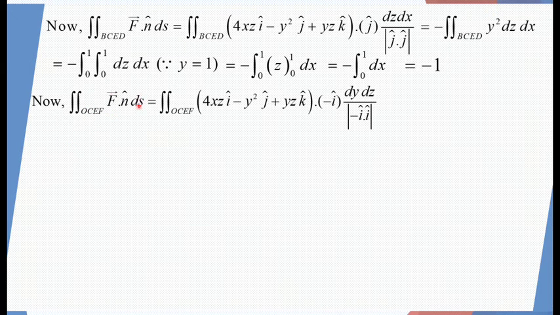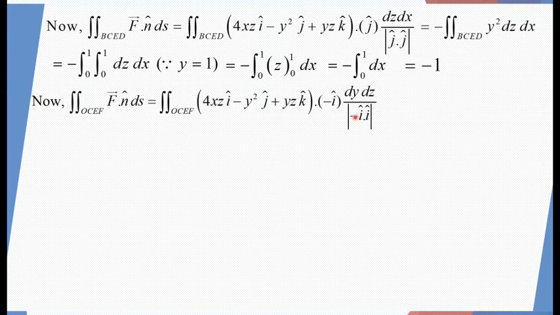OCEF, the double integral of vector F dot n cap dS, where vector F is 4xz i cap minus y square j cap plus yz k cap, and it is in the yz plane and in the backward direction because it is from the origin. So in this particular case, x is equal to 0 and n cap is converted into minus i cap, and dS is converted into dy dz upon mod of minus i cap dot i cap.